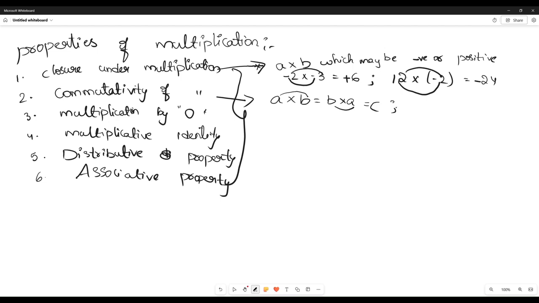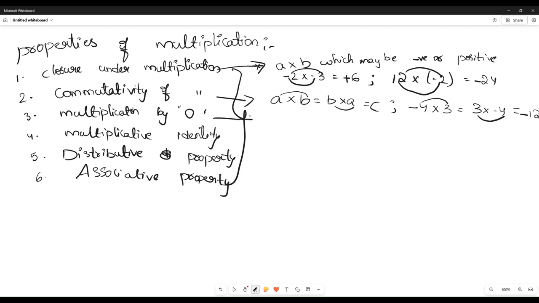Let's see an example like minus 4 into 3. Again 3 into minus 4. What do we get? 4 threes are 12, which is common. Negative into positive or positive into negative, it is always negative. I think everyone understood about commutative property.